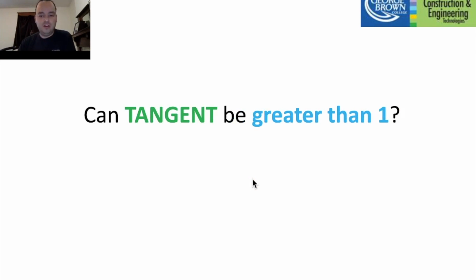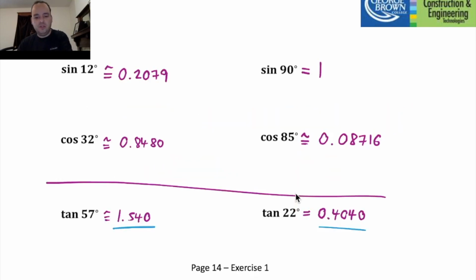Interesting one here. Can tan be greater than 1? Let's write down the definition of tangent. So tangent is opposite over adjacent. Now, if you want to do something heuristic, which means just guessing, searching.